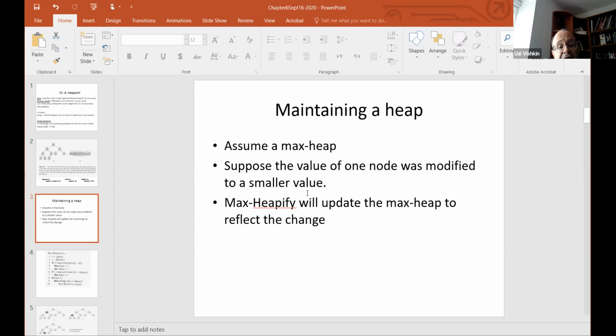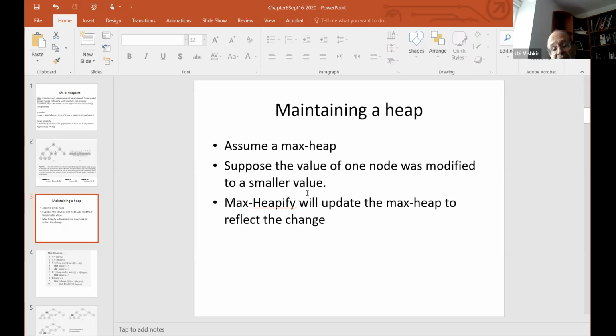So what is the query in this case? The query is lowering the value of a node, and now we need to accommodate this change so that the max heap property will be satisfied. And the procedure that we are going to learn is called max heapify.